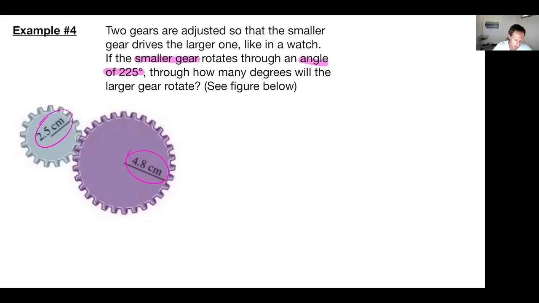What ends up happening is, if I took this point that they both share right here, and this one rotated 225 degrees, which I know is more than 180, it's about 45 more, so about half. So if I was to break this down into an X and Y axis, so to speak, then I know that this would have been 180 degrees to there, and then it would have been another 45 degrees to get to that 225.